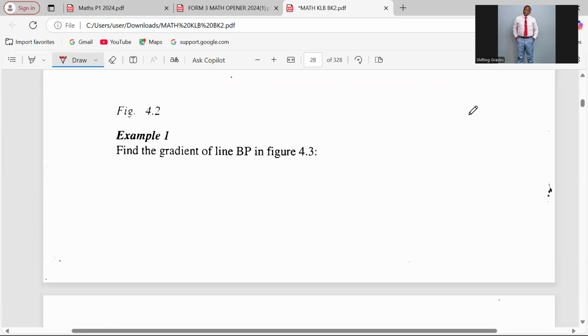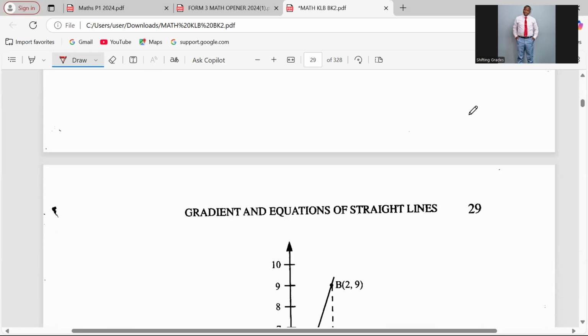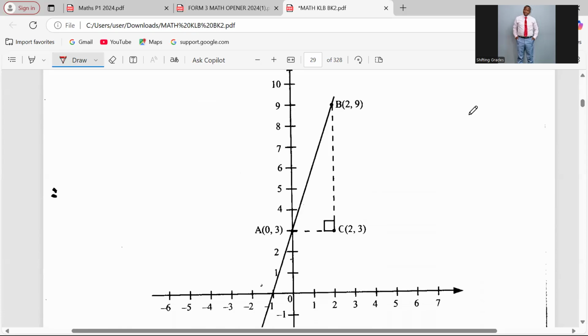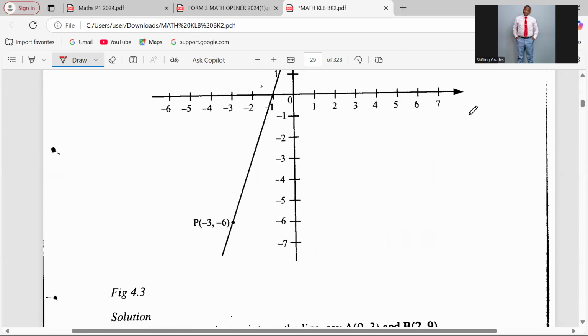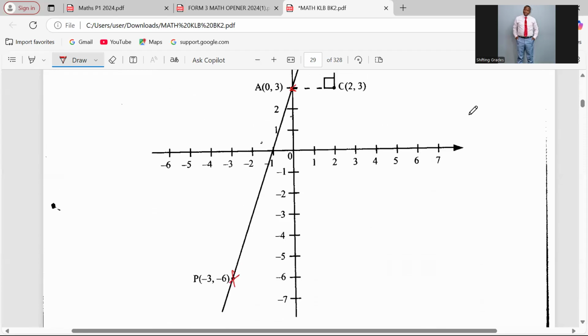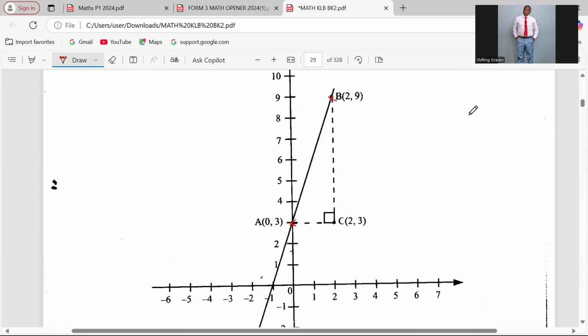Find the gradient of line BP. The gradient of line BP. Look at line BP, whereby it has points B (2, 9) and A (0, 3). We can have other points like P on the same line. It's a straight line. So if we consider from A to B, the change in the horizontal is from x being 0 to x being 2.